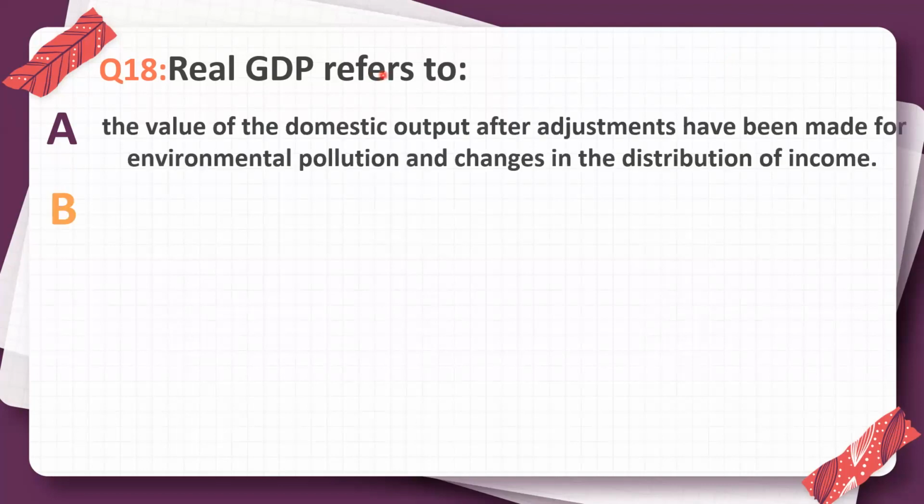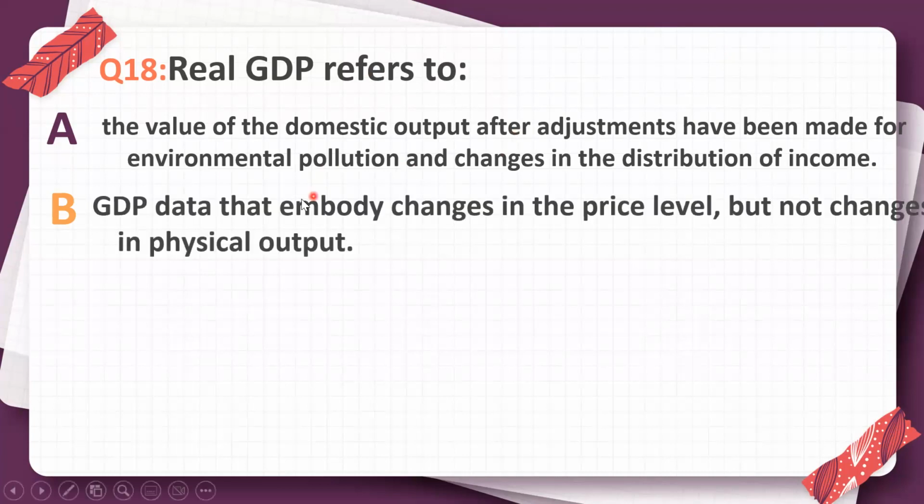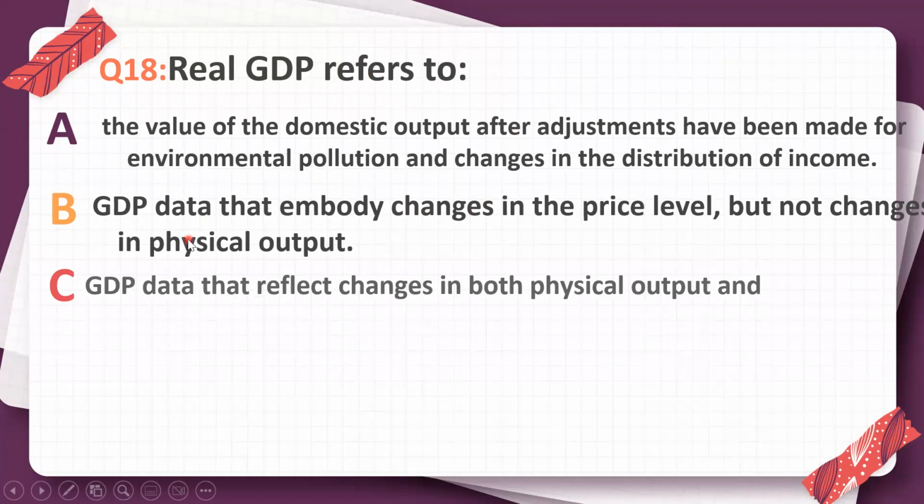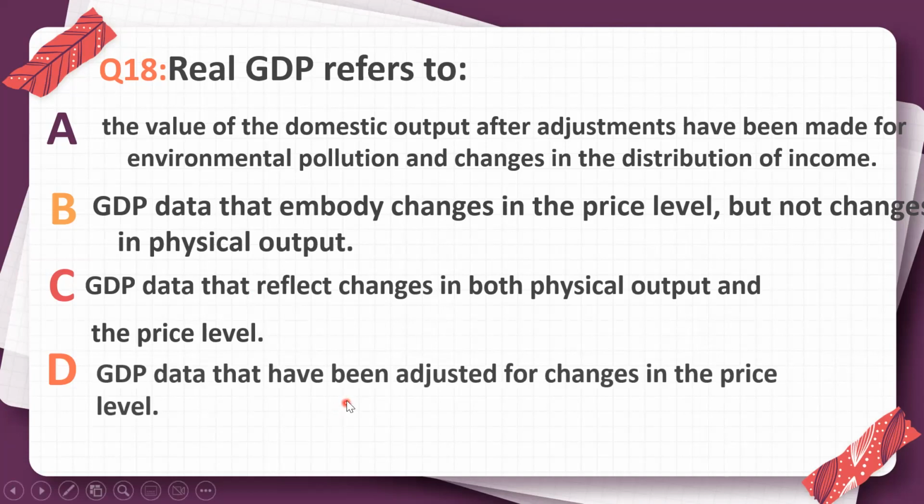So real GDP refers to: A. the value of the domestic output after adjustments have been made for environmental pollution and changes in the distribution of income, B. GDP data that embody changes in the price level but not change in physical output, C. GDP data that reflect changes in both physical output and the price level, or D. GDP data that have been adjusted for the changes in the price level. The right answer is D. Real GDP is the nominal GDP but it's adjusted for the changes in the price level.